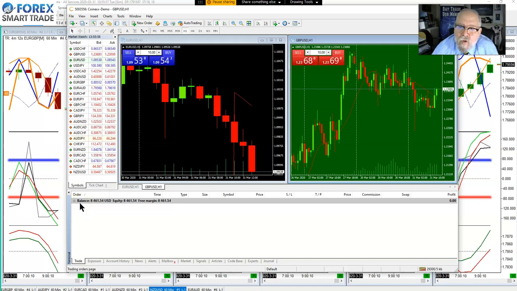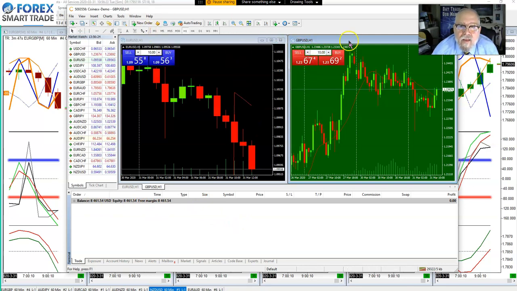If I had a $10,000 account, and I took a trade for a lot size of 1, that would make each pip worth $10. So to take 4 trades, and I want to keep my margin in line, I'm going to reduce the lot size by half, so I have enough margin to do all of this.